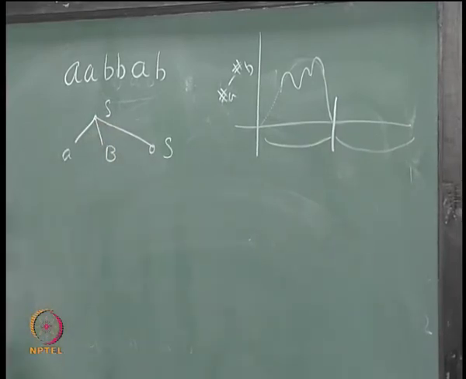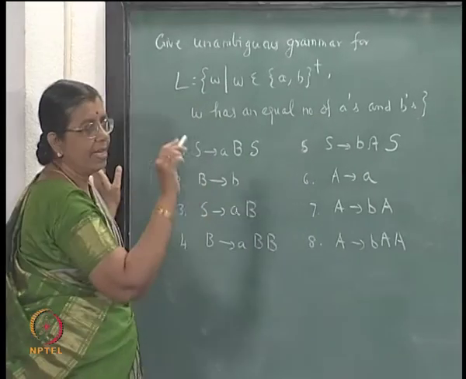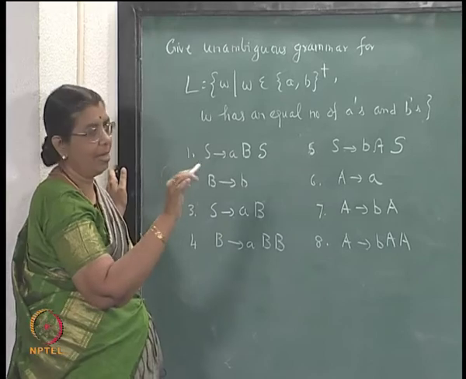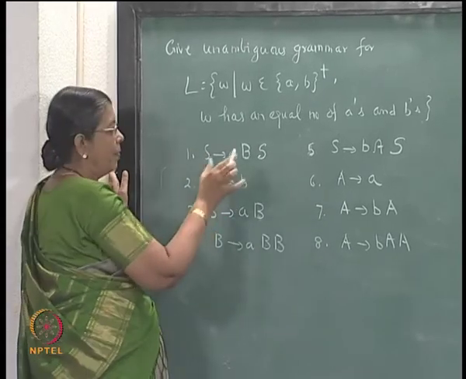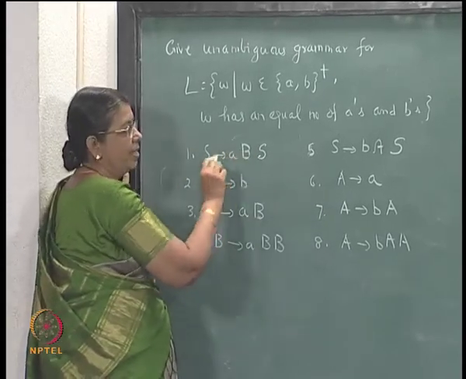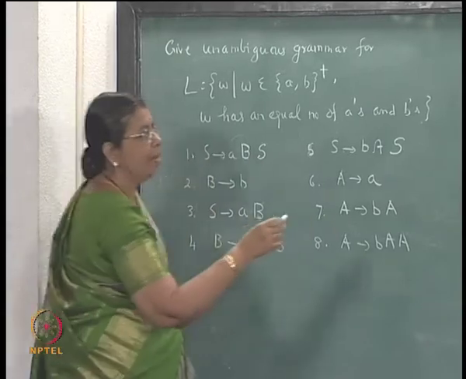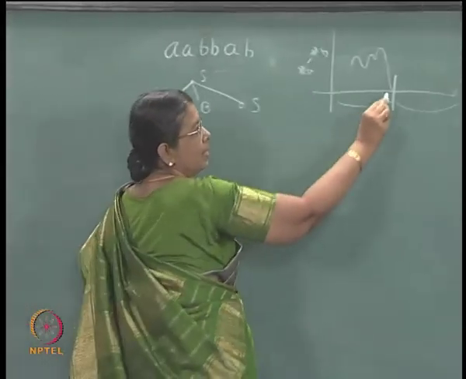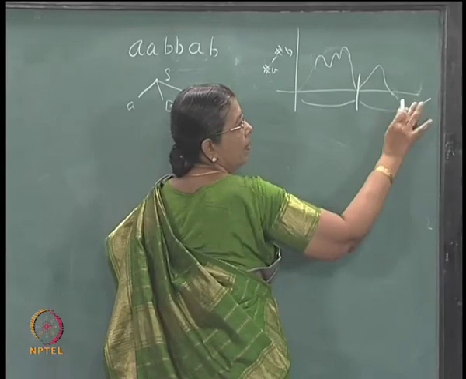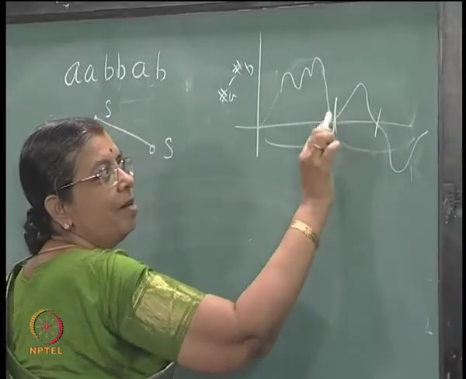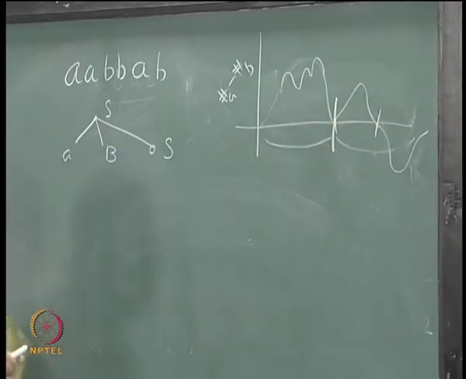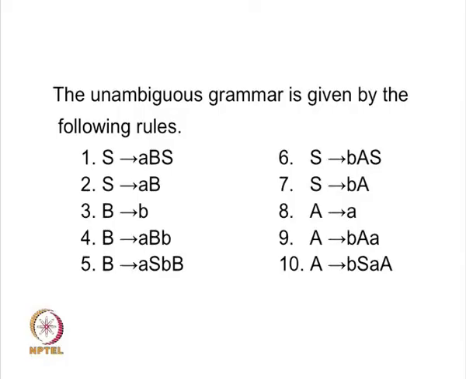So, the idea is use the first two rules. If it touches the x axis in the middle, the first portion you try to generate this, and recursively the graph may again go like this. Then this portion will be generated by this S, which you can repeatedly apply.